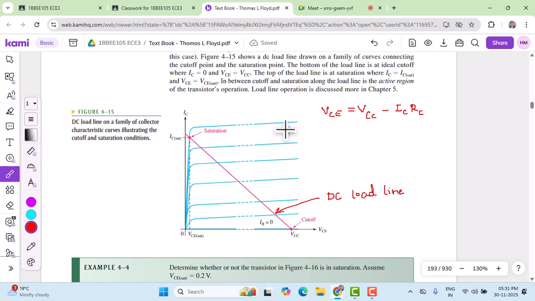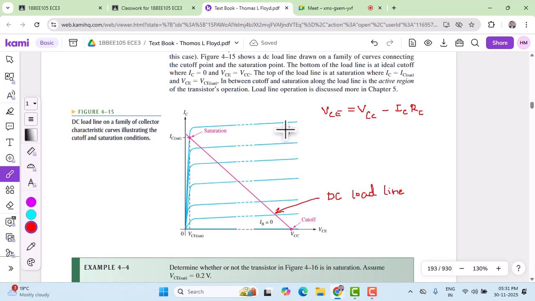Now to plot this equation on this family of curves, or collector current characteristics, to draw this line on these characteristics, we need two points to plot this line. To obtain one of the points, you can make the other variable 0. Namely, if I want to obtain a point on the y-axis, I have to make x 0.